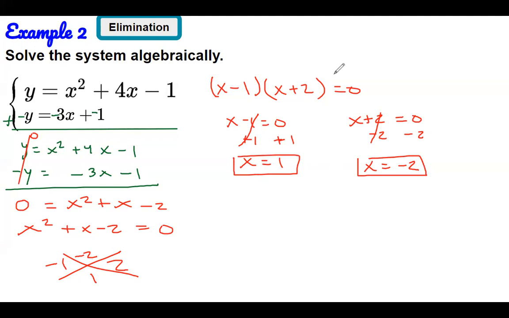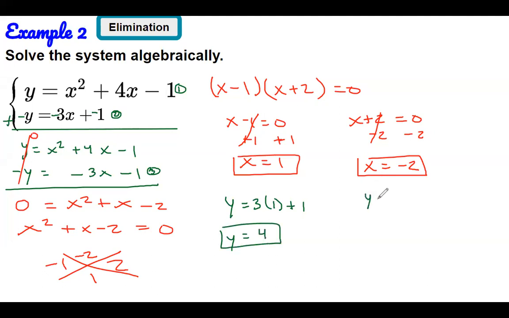What do I need to do next? Substitute. Which one are you choosing? Equation 1, equation 2, or equation number 3? The second one. So we have y equals 3, and instead of x, I'm going to write 1, plus 1. We have 3 plus 1 is 4.